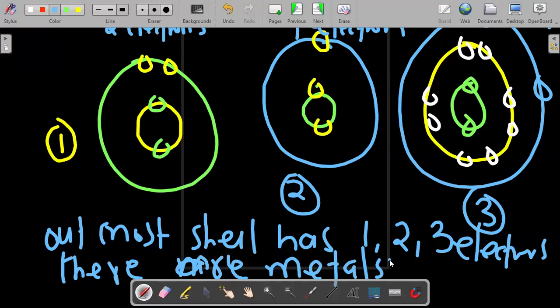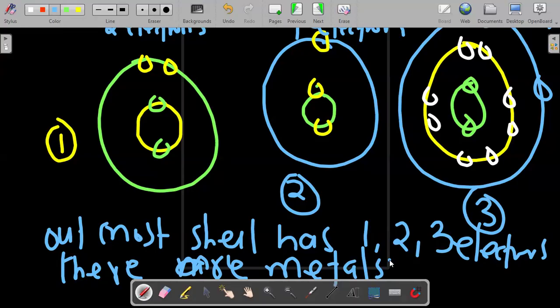Anyone that has 1 electron in the outermost shell is a metal. Anyone that has 2 in the outermost shell is a metal. Anyone that has 3 in the outermost shell is a metal. From 4 and above, they are non-metals. Do you understand?